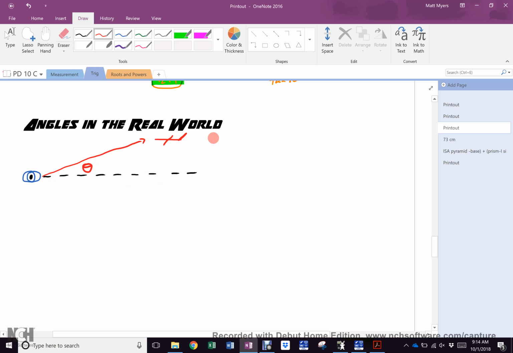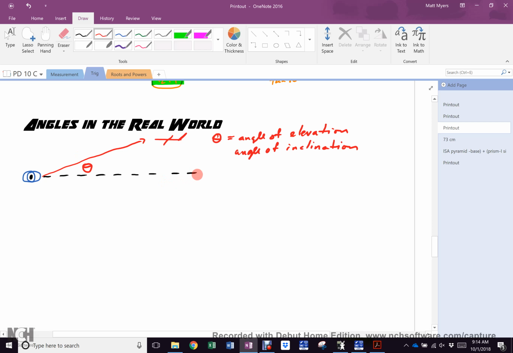Since it went up, that theta is called the angle of elevation, or the angle of inclination, because I have inclined my eye by moving upwards. Everybody with me? Everybody cool? Yeah? All right.